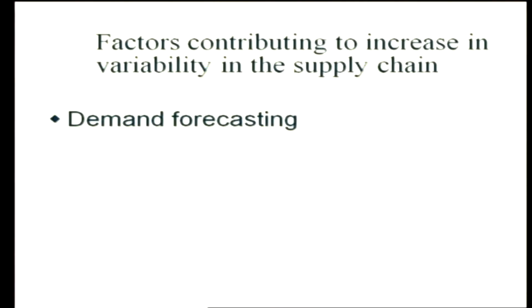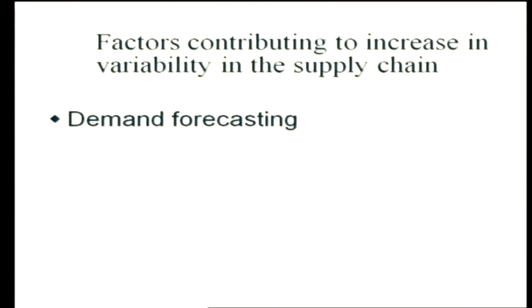Now, what are the factors which are responsible for the occurrence of the bullwhip effect phenomenon? If you see the slide, the first factor is demand forecasting. Now, what is demand forecasting?